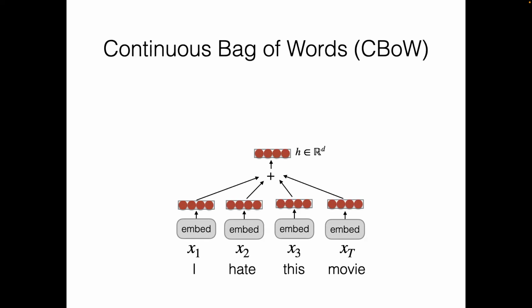Again, this is still naive in the sense that it's just adding things together. And when you just add like this, it's discarding the order information in the sentence. So for example, if you flip the position of hate and this, you'll actually end up with the same representation as the sentence shown here.